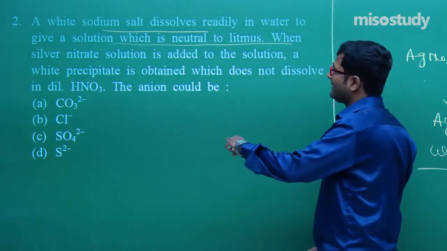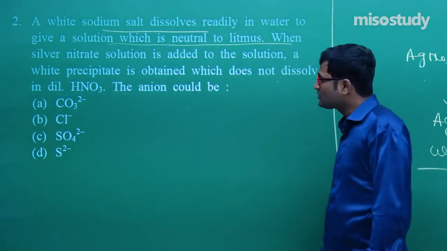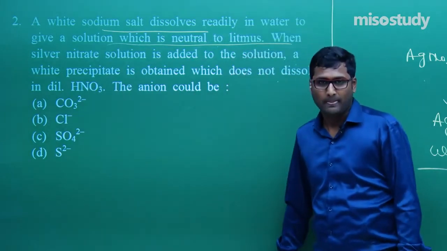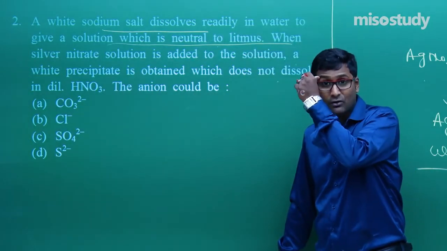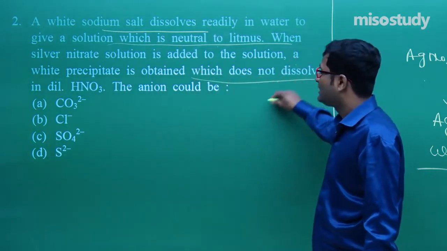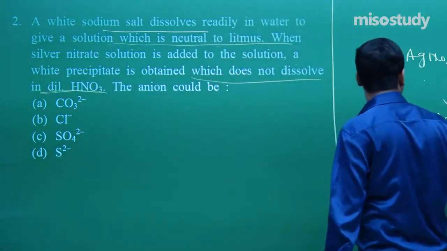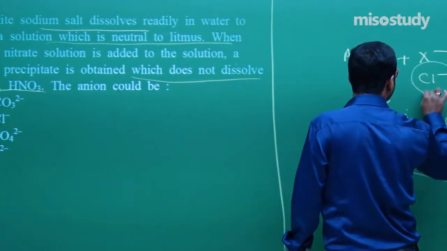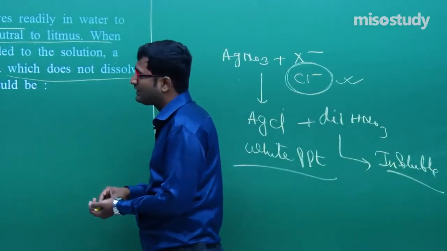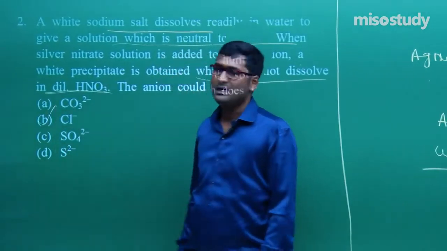When silver nitrate solution is added, a white precipitate forms, so the anion is a halide. AgCl is a white PPT which does not dissolve in dilute HNO3. So the anion is nothing but Cl minus ion. So for this question B is the correct option.